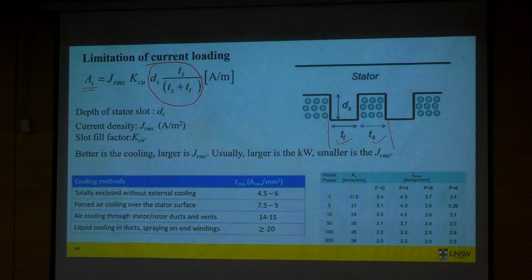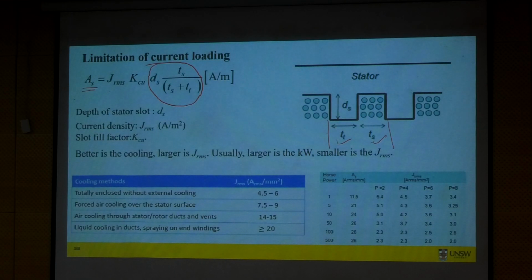But in fact, you cannot cover the available slot area fully because you are inserting conductors there, right? And winding could be done with some kind of automated machine, or it could be done by hand.